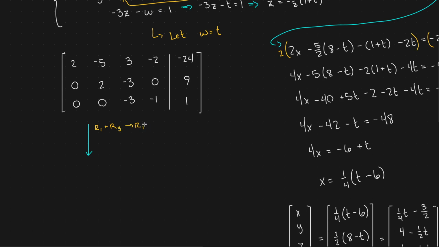I'm sorry, that's my new row 1. That'll give me a 0 here. And then row 2 plus negative row 3, that's my new row 2. Okay, so I'm taking this and subtracting that to get me 0 here.